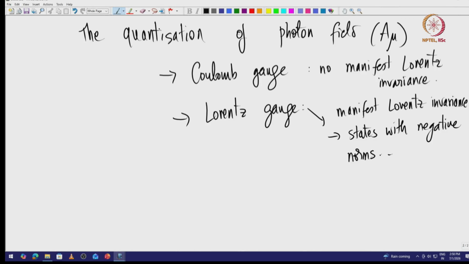But then we had a trick in the Lorentz gauge which is called the Gupta-Bleuler trick, through which we can throw away the unphysical states, and we impose some condition like psi plus acting on the vacuum should annihilate essentially. Okay. So, the annihilation operator has a very specific meaning directly on the Hilbert space essentially.